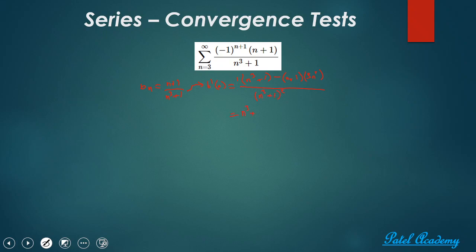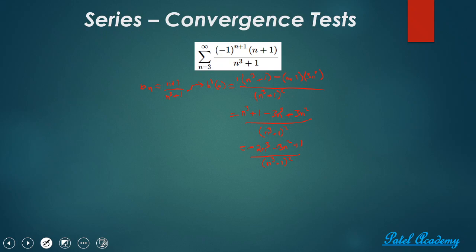So I have n^3+1 minus 3n^3 minus 3n^2. This is negative 2n^3 minus 3n^2 plus 1, over this (n^3+1)^2.